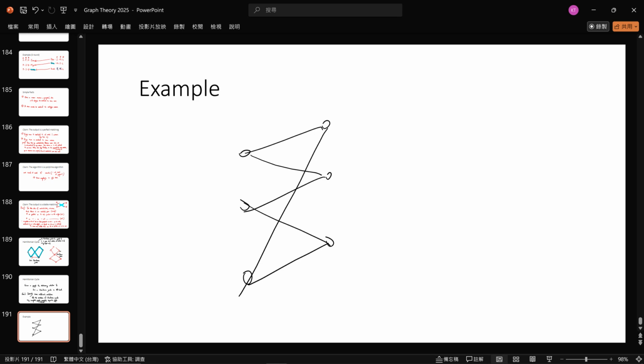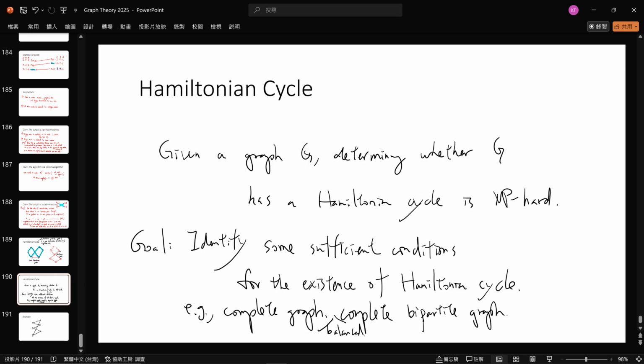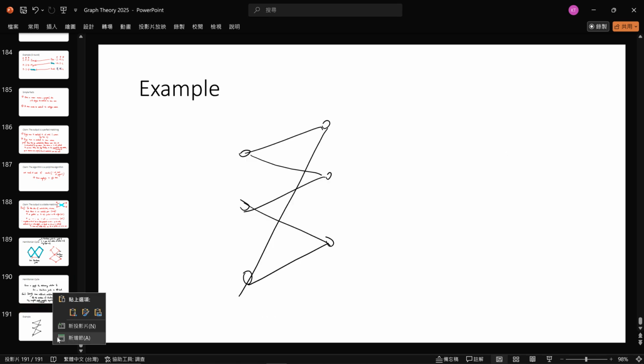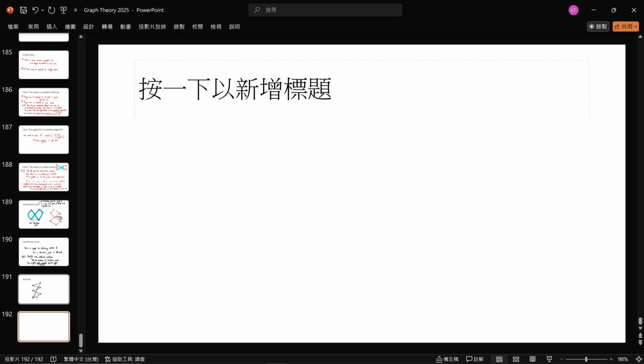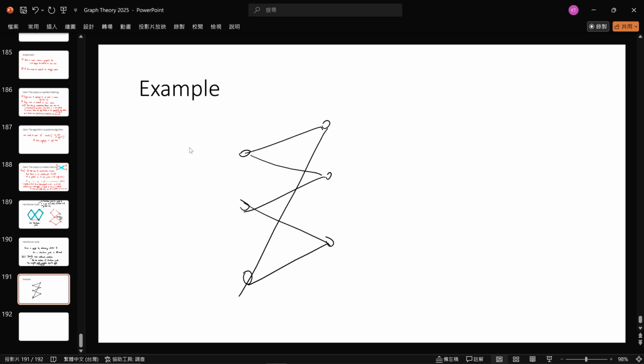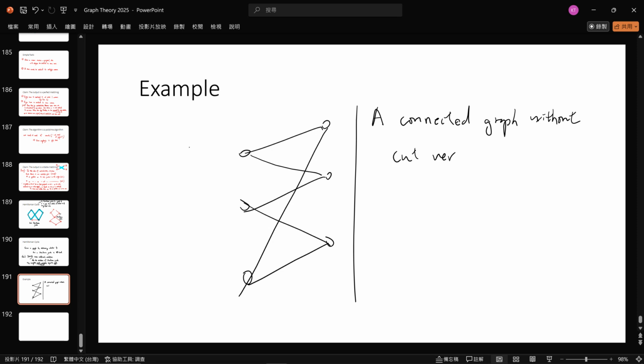No cut vertex and connected. So a connected graph without a cut vertex.